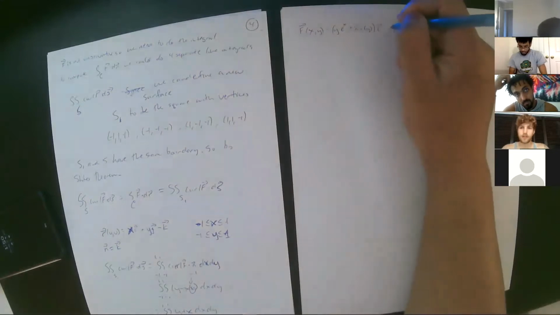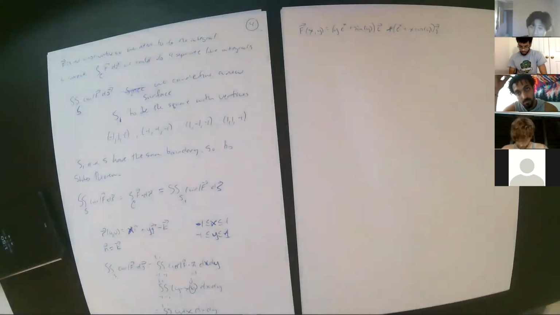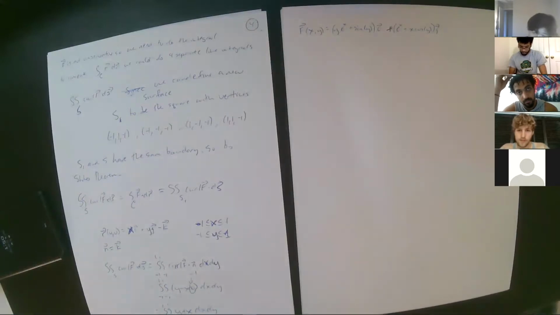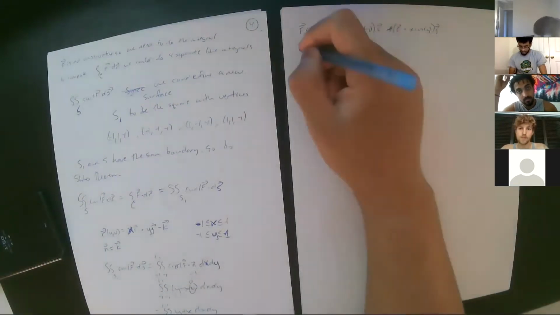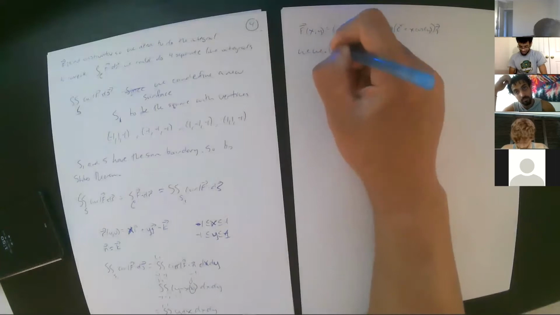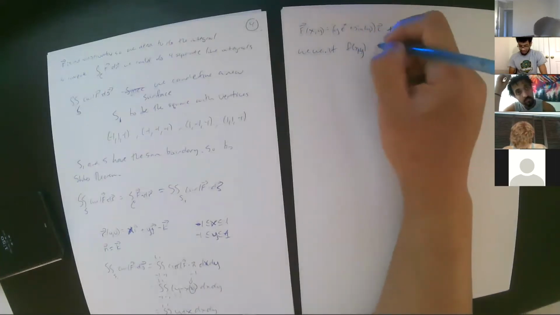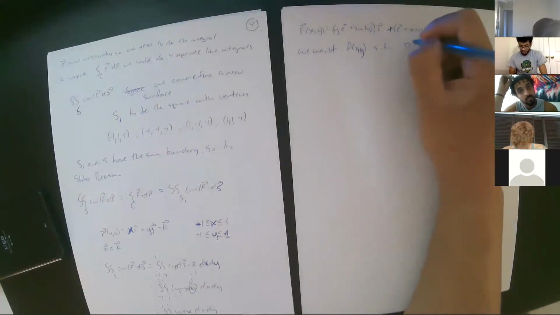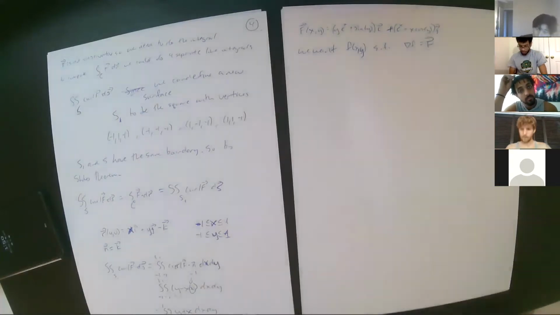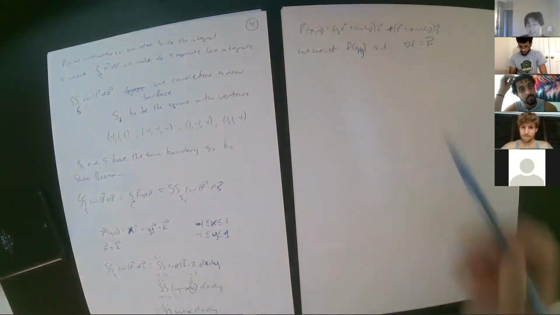So we claim this is a conservative vector field, and we want to find the f of x, y such that the gradient of f equals capital F. How do we check if this f exists?